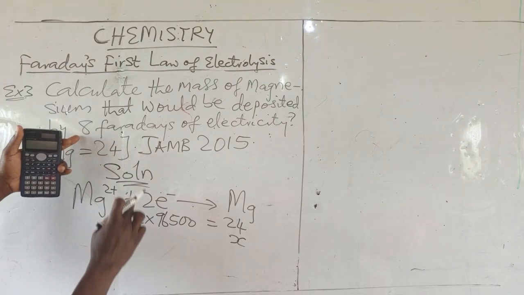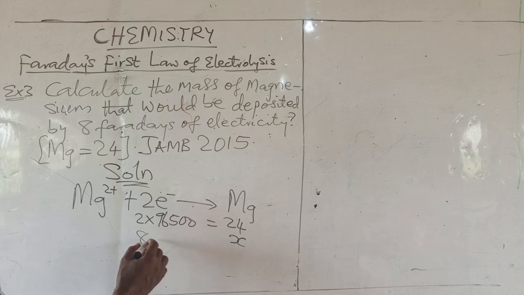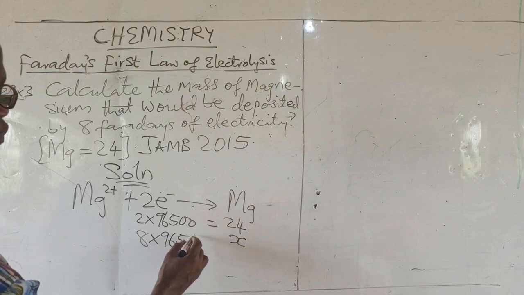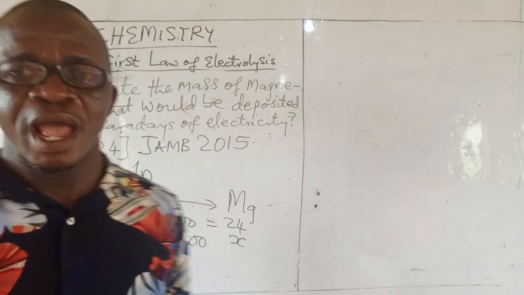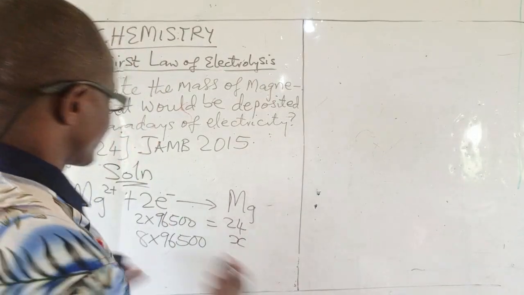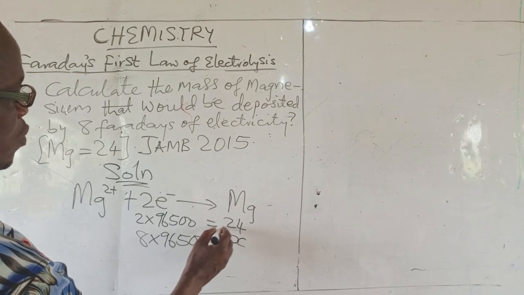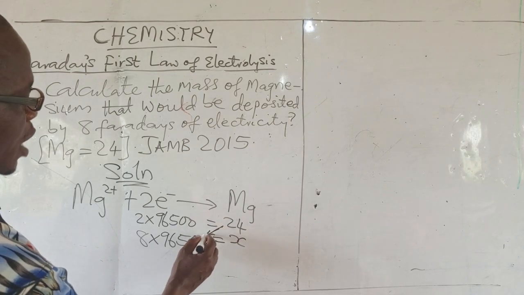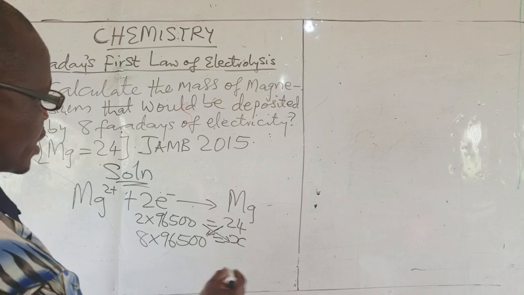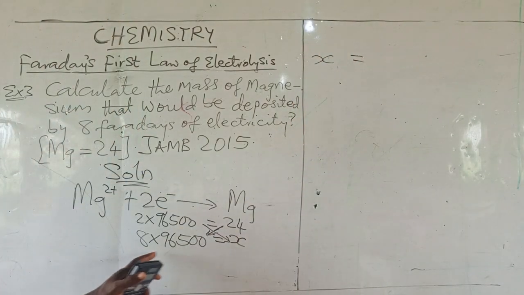this number of electrons. So I will now say 8 Faradays of electricity, 8 times 96500. I hope you are following. So now, after doing this, we are looking for X. You can quickly cross multiply this with this, and that will give you X equal to this times this times this.